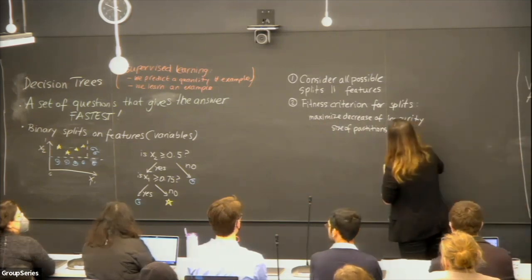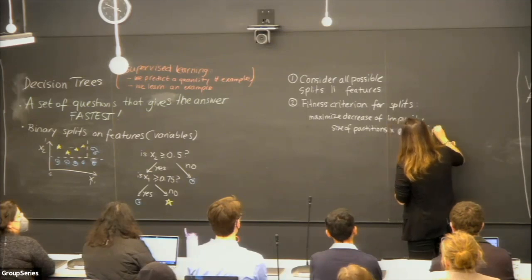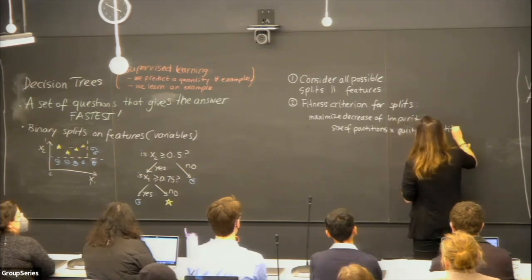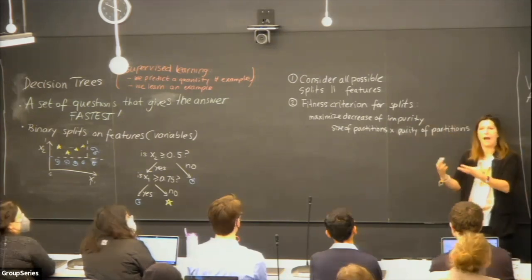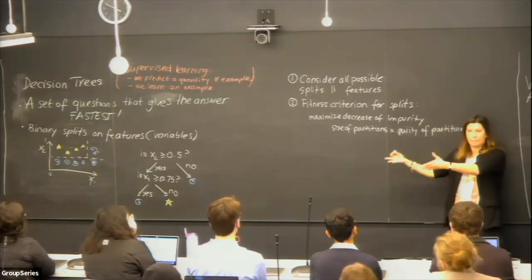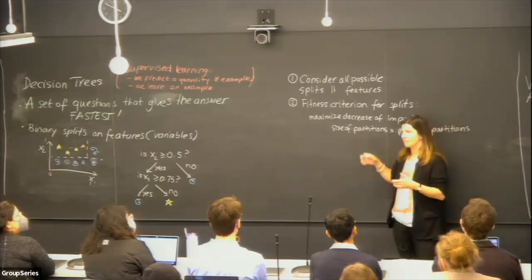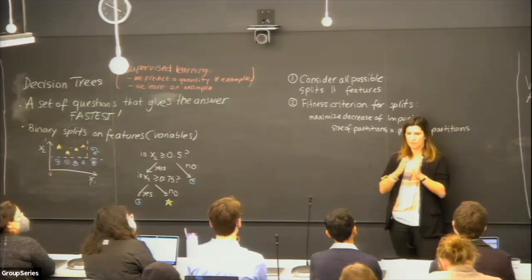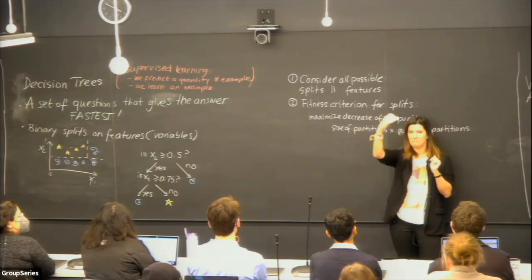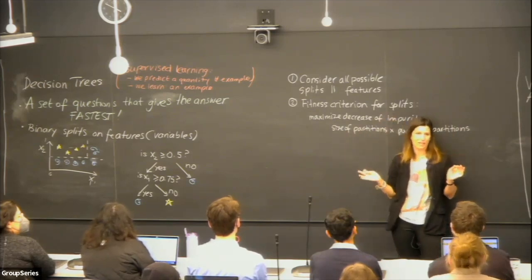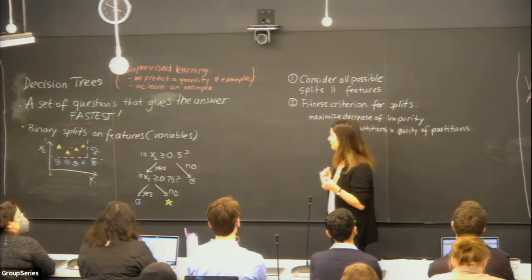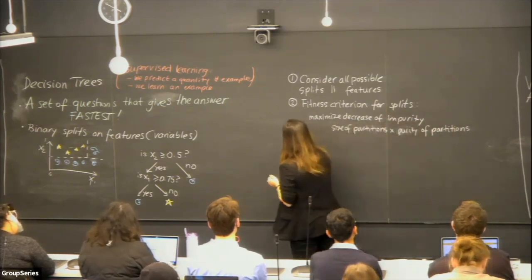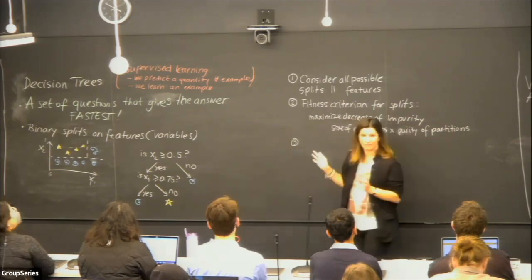Actually, let me write it down. Times the purity of partitions. So there is a price given for how homogeneous the partitions are, and a price given for how big they are. And so this way, after considering the splits, very simply, I choose at each step the best one, right? It's very unsophisticated. And at some point, this could be enough.